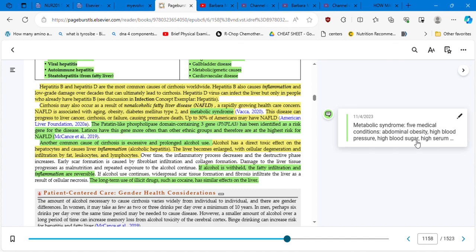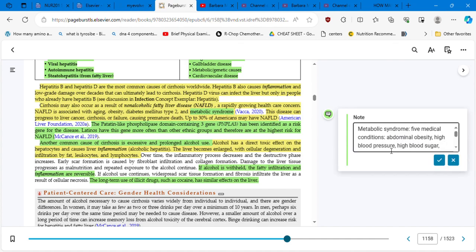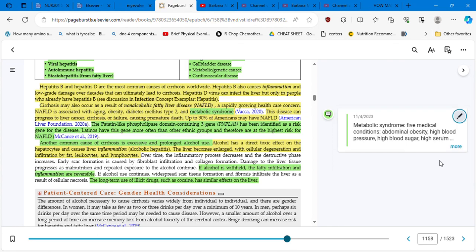Metabolic syndrome is a concept that includes 5 medical conditions: abdominal obesity, high blood pressure, high blood sugar, high serum triglycerides, and low serum high density lipoproteins. So if you have 3 of these, right, which is your high blood sugar, abdominal obesity, high blood pressure, which is hypertension, high triglycerides, and low serum high density lipoprotein, your low happy cholesterol, then you're having metabolic syndrome.